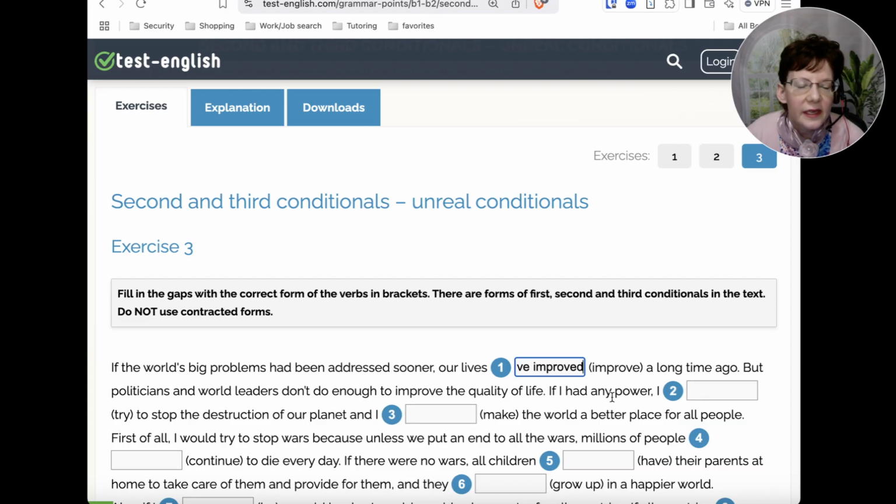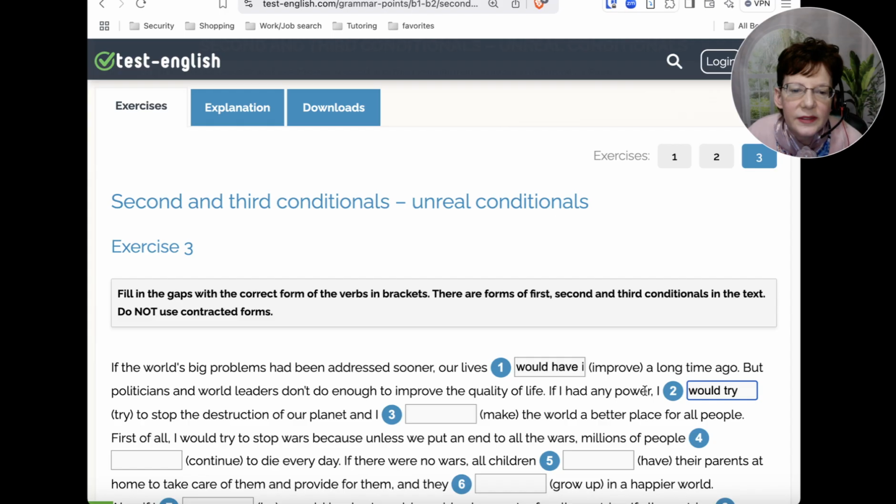But politicians and world leaders don't do enough to improve the quality of life. "If I had any power, I ___ to stop the destruction of our planet." Okay, do this part first. We know we use would. So try, the simple infinitive.